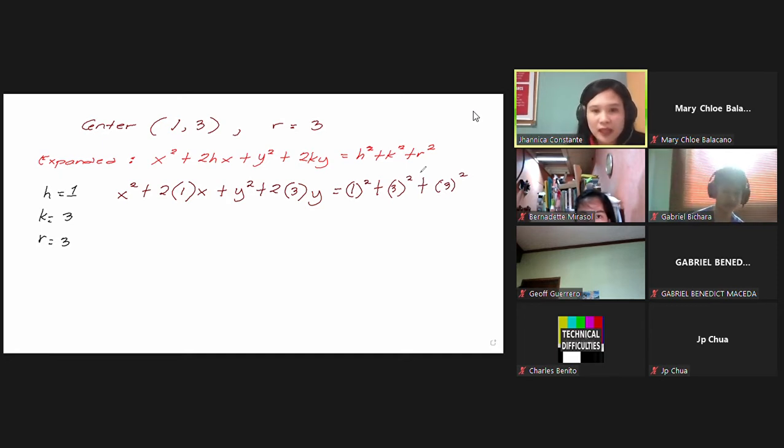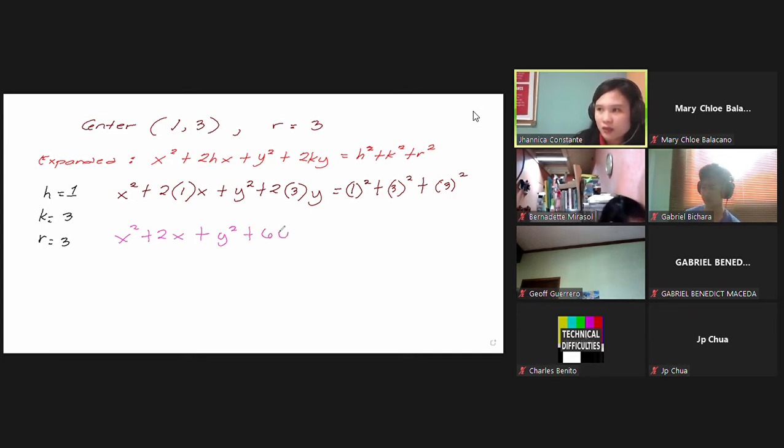So simplify, or perform the operation indicated in each term. So we have x squared, 2 times 1 is equal to 2, so you have 2x, plus y squared, 2 times 3, which is equal to 6y, equals 1 squared, which is equal to 1. 3 squared is equal to 9. 3 squared is equal to 9.